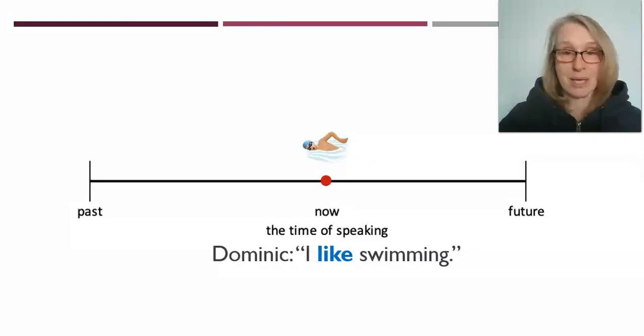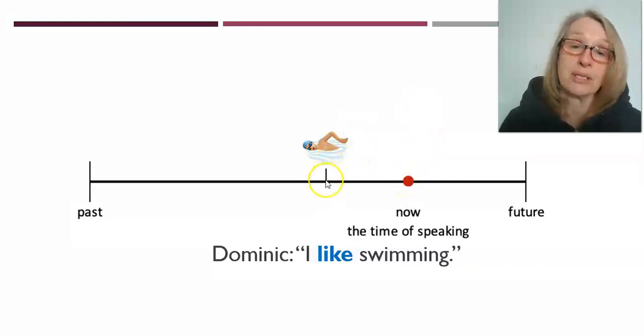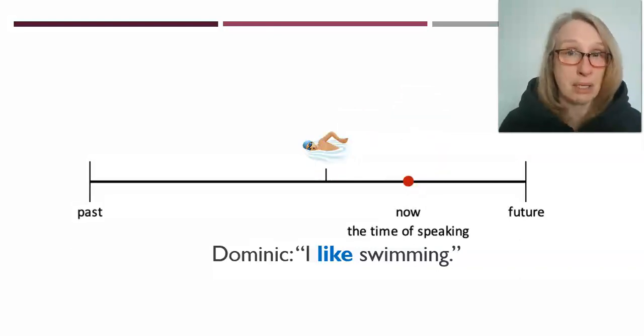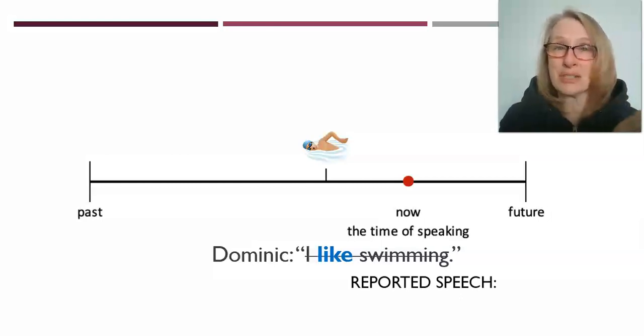So now imagine that you are, the next day, you're telling somebody else what Dominic said yesterday. Yesterday, Dominic said, but you can't say, "I like swimming," because that's what he said yesterday. So you have to move your verb tense to the past.